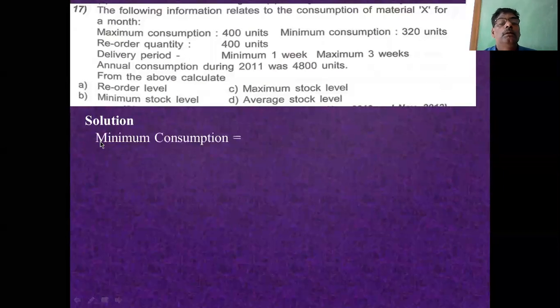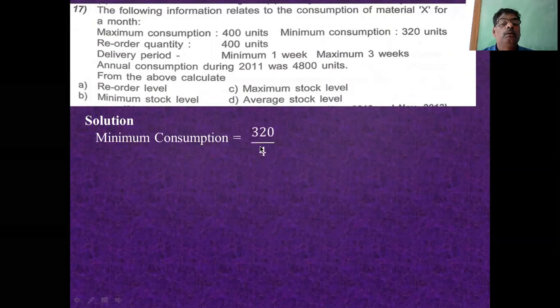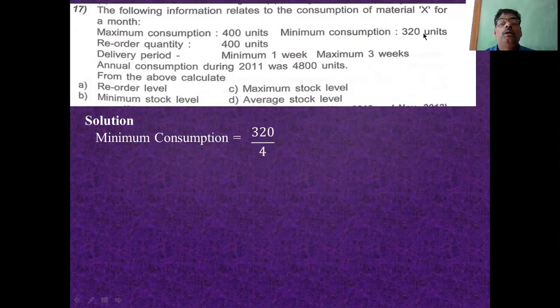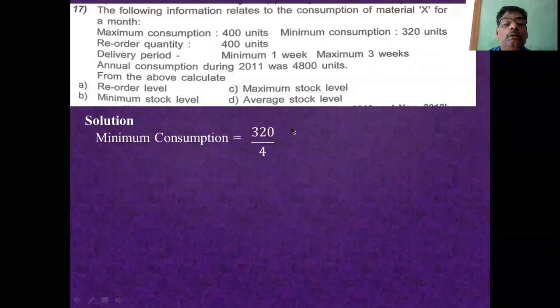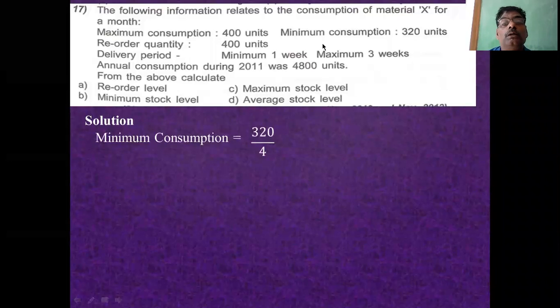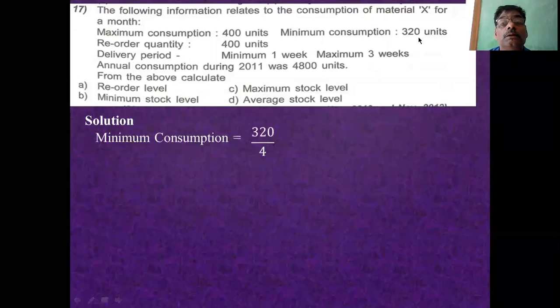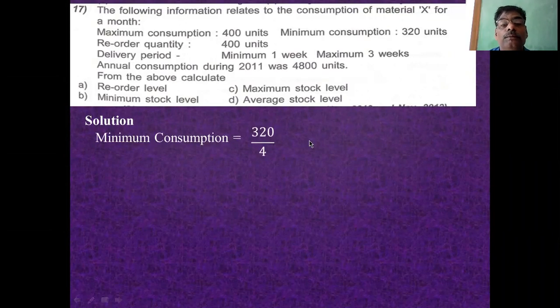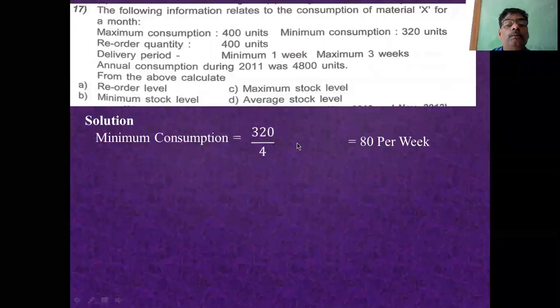You see here, minimum consumption is equal to 320 divided by 4, because this 320 is the monthly consumption. Monthly is expressed in the heading itself. 320 divided by 4 is equal to 80 units per week.